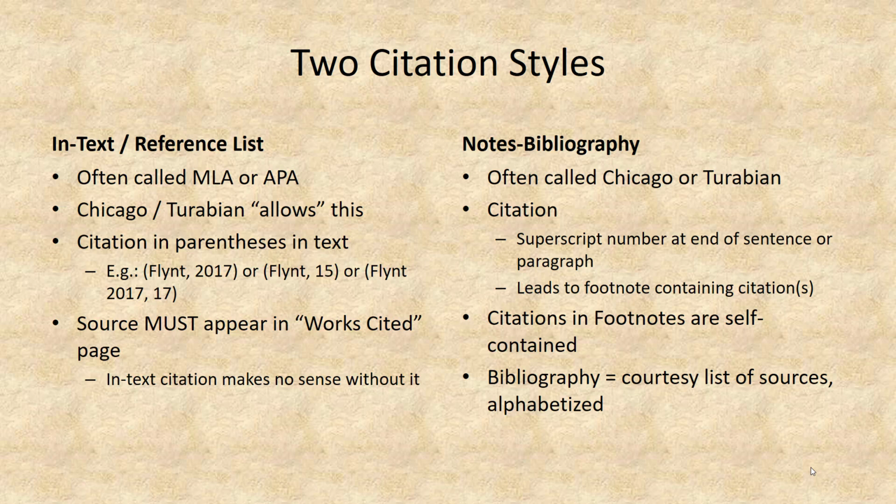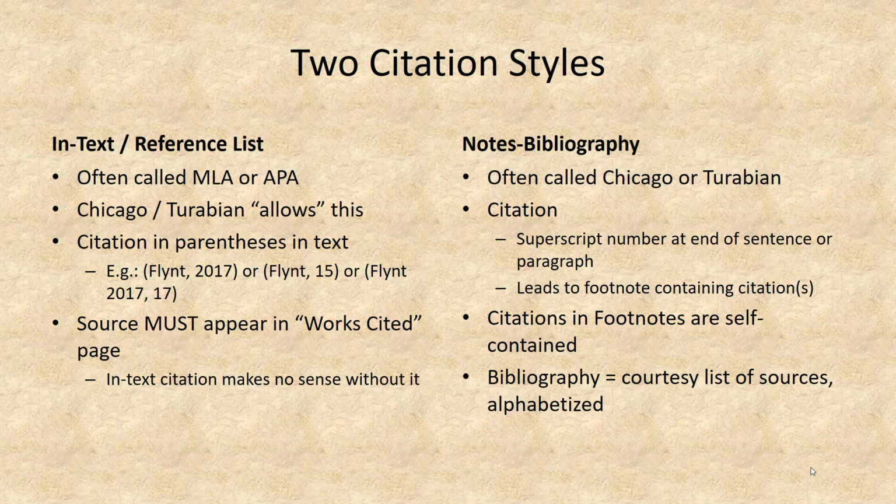So let's look at the notes bibliography style, often called Chicago or Turabian. In it, you insert a citation number at the end of a sentence or a paragraph, which leads to a note that contains the source citation at the bottom, also known as the foot, of the page.